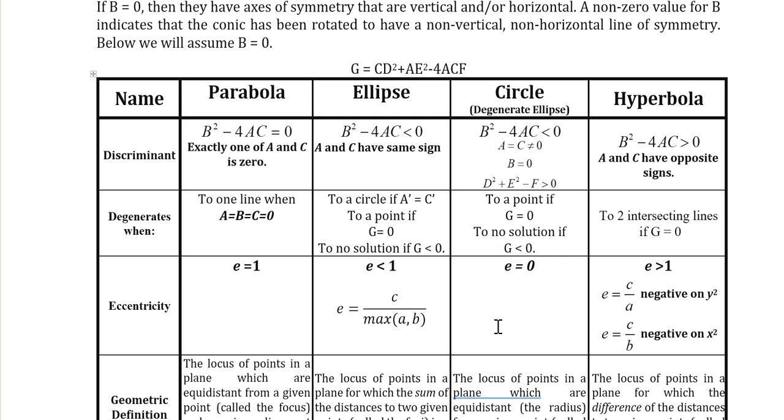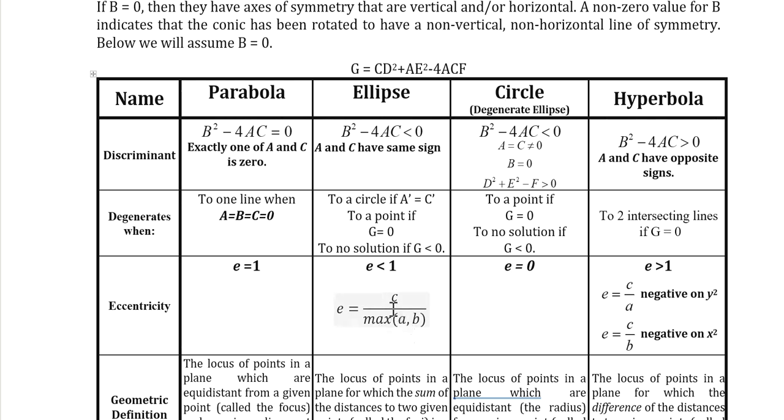The ellipse, the more elongated it gets, the further it gets from being a circle, the more eccentric it is, the closer it gets to 1. When it gets to 1, it leaves being an ellipse and becomes a parabola. And if you get even more eccentric, it becomes a hyperbola. Of course, the parabola is always exactly 1, and a circle is always exactly 0.